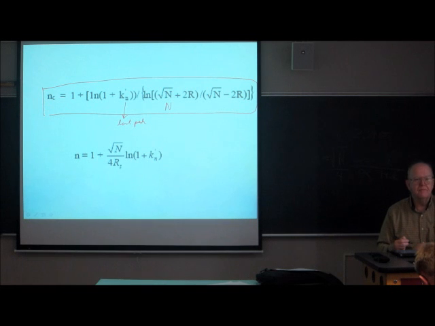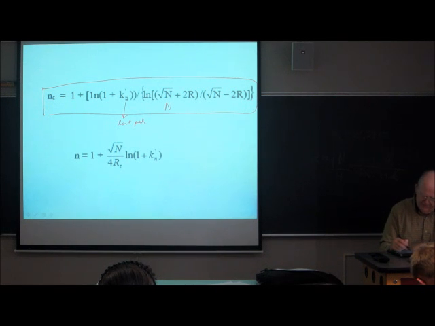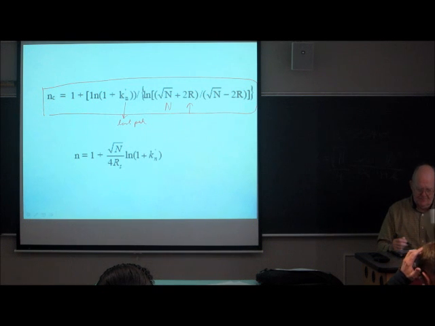N is the plate number, the number of plates you're assuming on all of the columns, and R is the resolution that you're demanding.